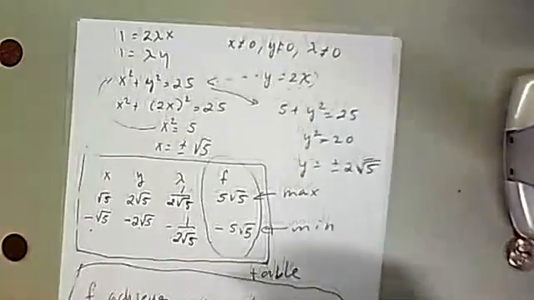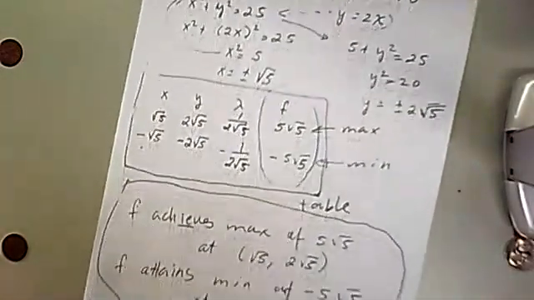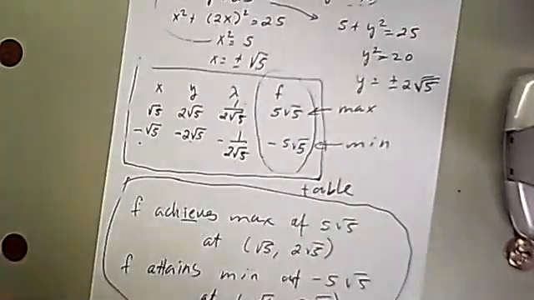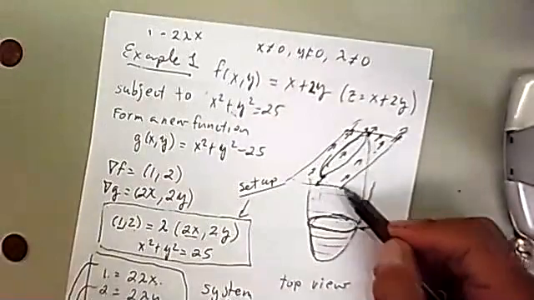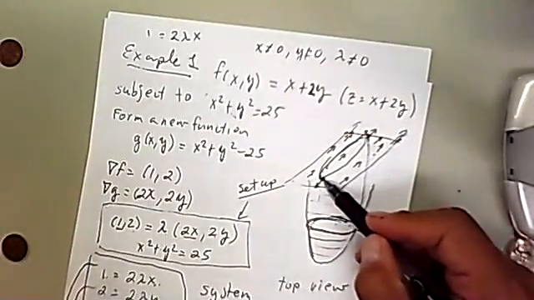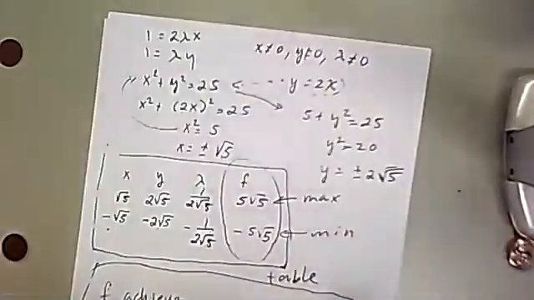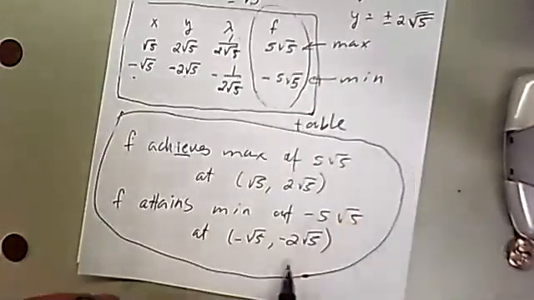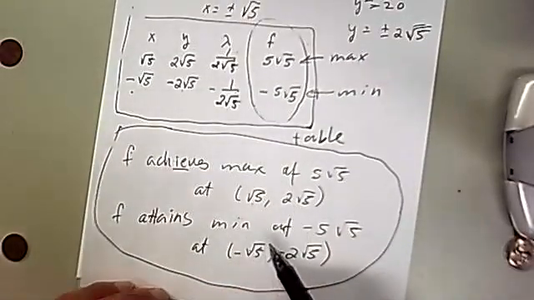But you have to back it up with all the work. You have to show all the work when you're writing all of this. Yep. And back in the picture, it does make sense that if you have an inclined plane, the maximum is going to be at one end and the minimum will be exactly on the opposite end. When you write your answers, try to make sure that the points you're providing actually belong to the restriction.